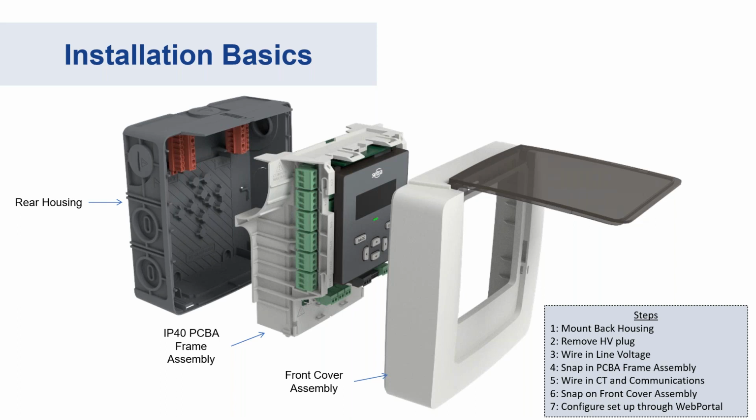Can the meter communicate using more than one protocol at the same time? I don't think so. I'd like the person who asked that question to send us their contact information, because I'd like to look into it a little further.